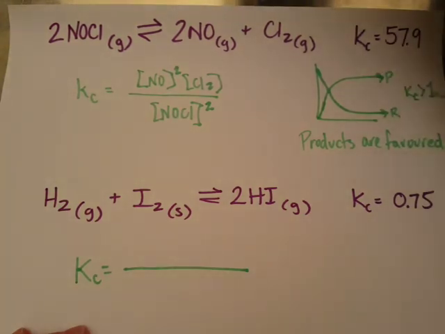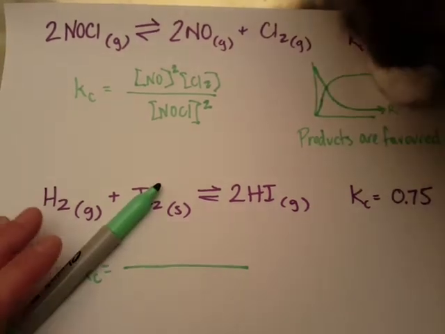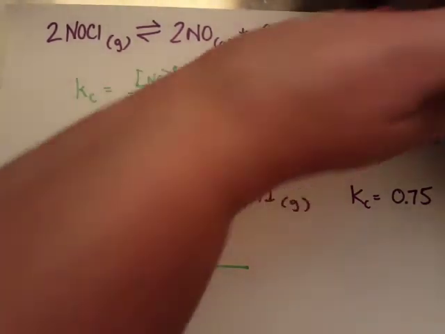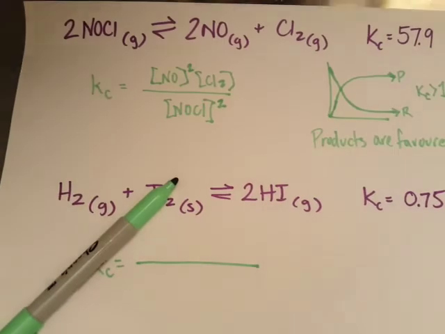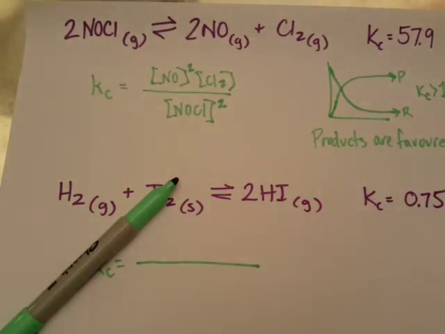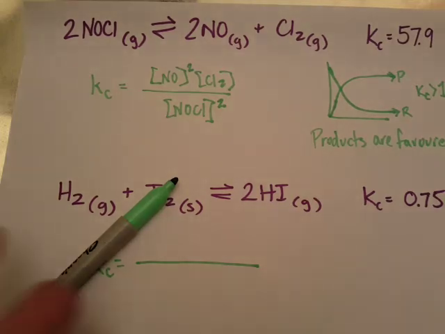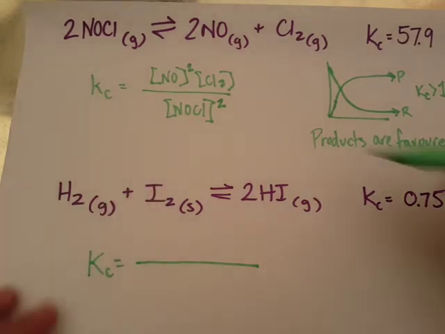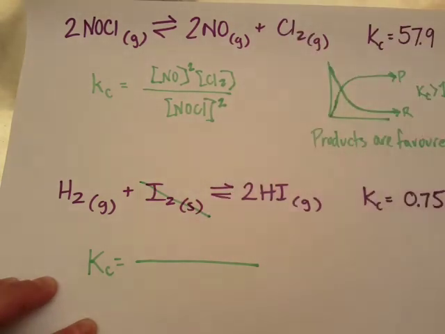We only want to include the gases or aqueous components. We don't want to include the liquids or the solids. And so we're not going to be using the iodine in the equilibrium law.